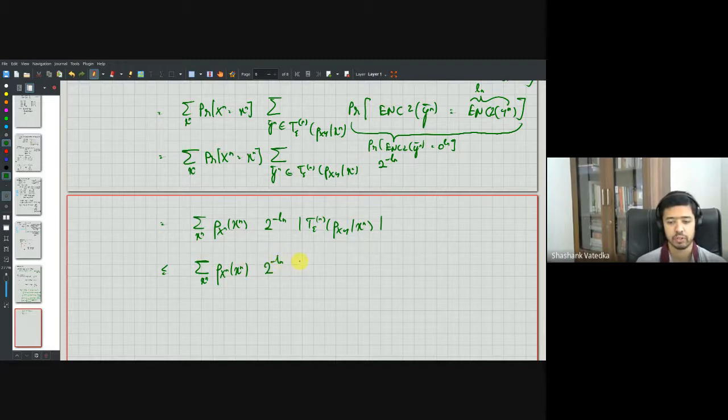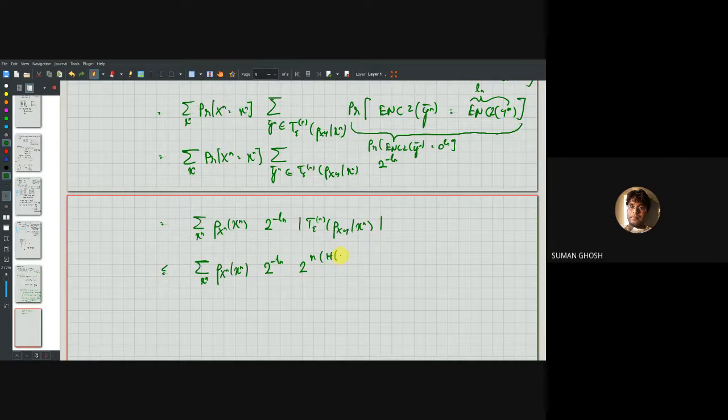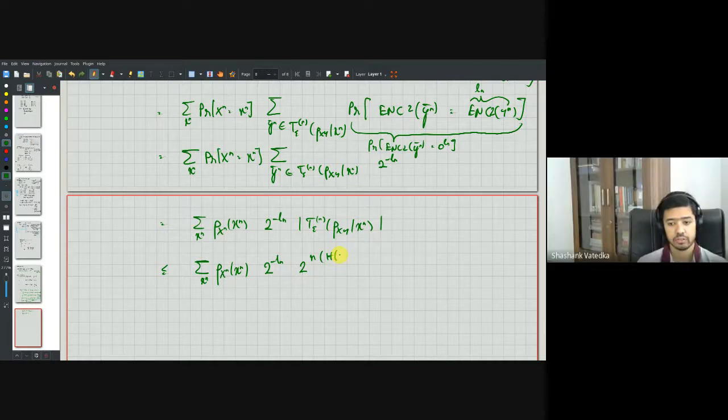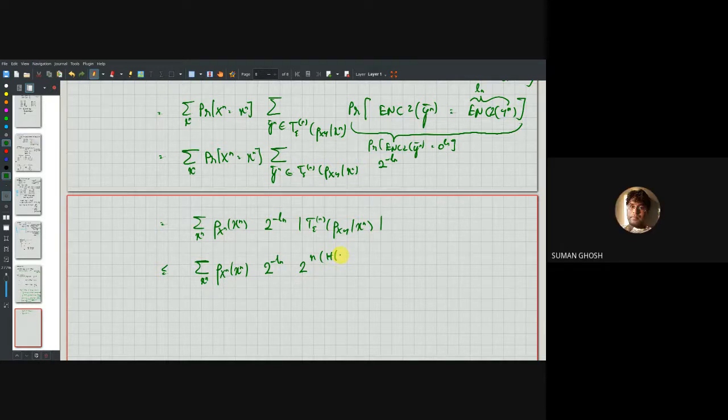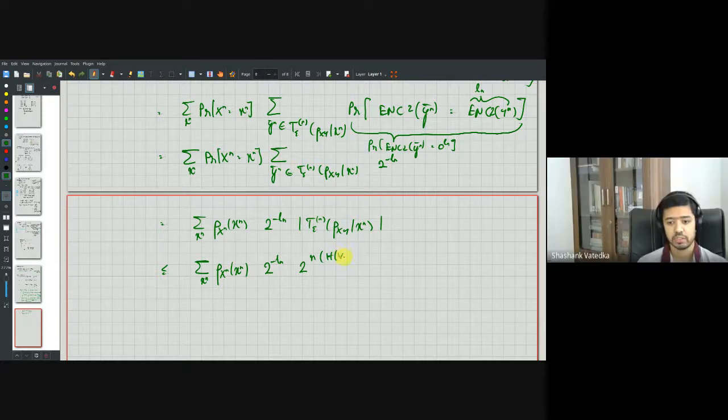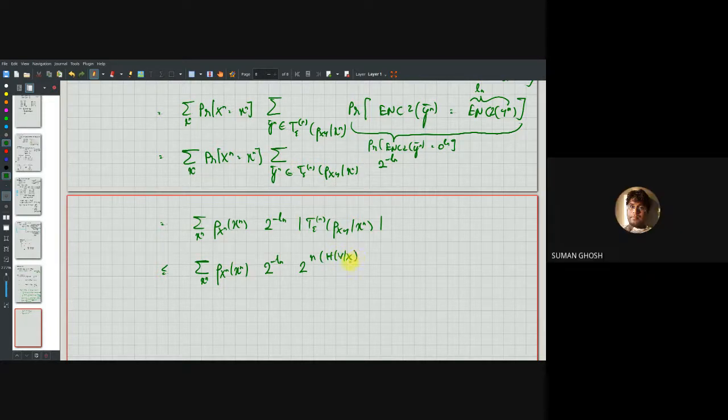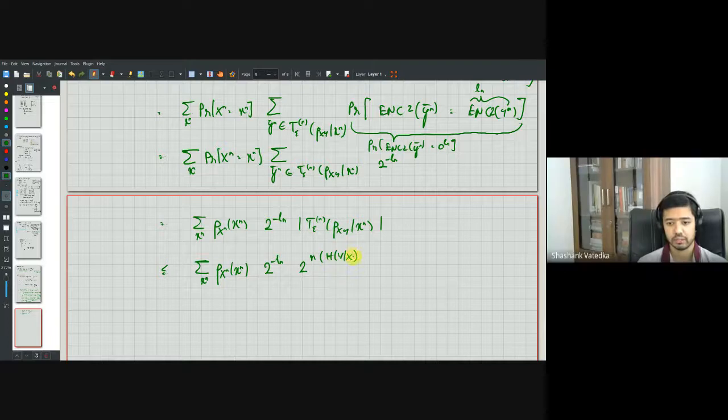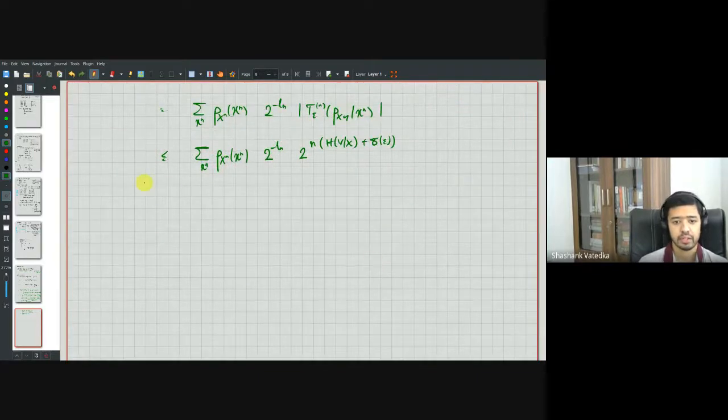We've seen this before: it is 2 to the n times h of y given x plus some delta of epsilon.